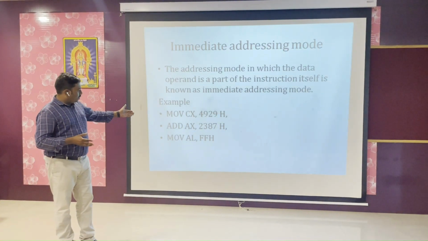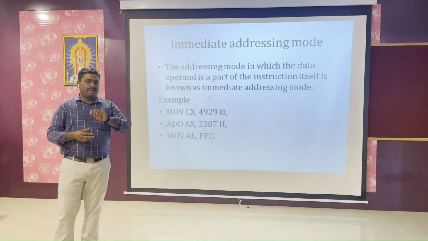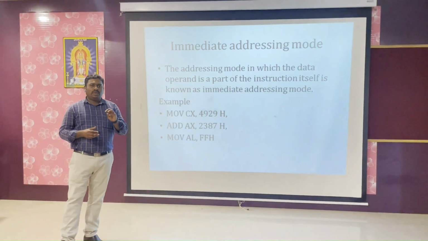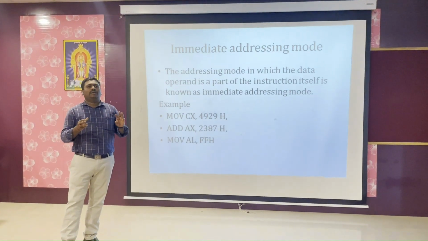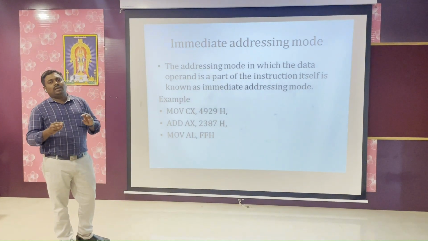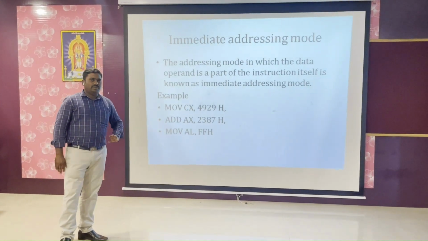Next, MOV AL, FFH. Here the data FFH should be moved to AL, so the value will be stored in the AL register. These are the examples for immediate addressing mode.